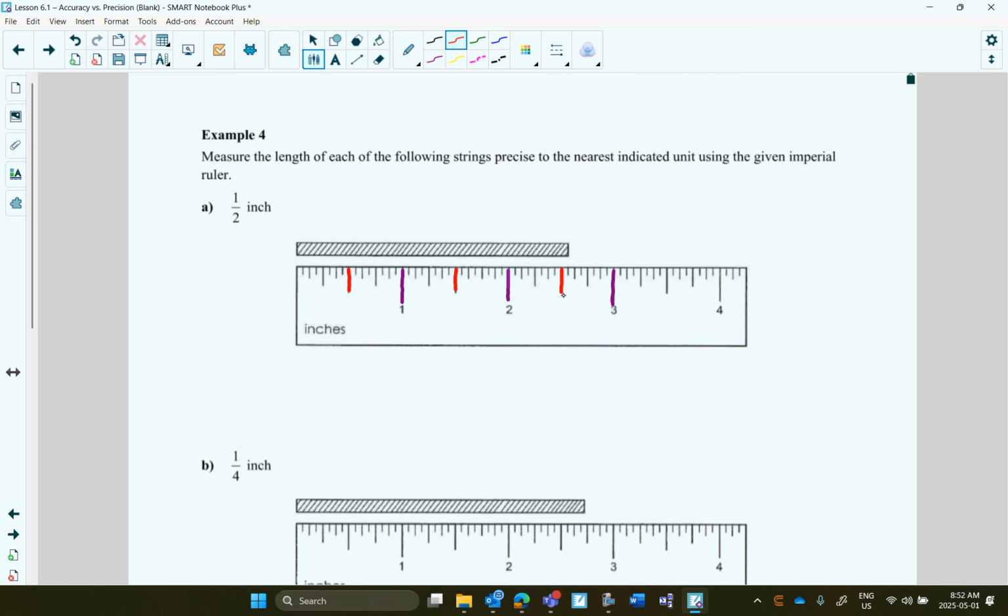So what I need to do, because I'm asked to measure it to the nearest half an inch, it's not exactly lined up with a half inch result, but what's it closest to? 2.5. So we would say 2 1/2 inches. In this case, it's probably best to leave it as a fraction.